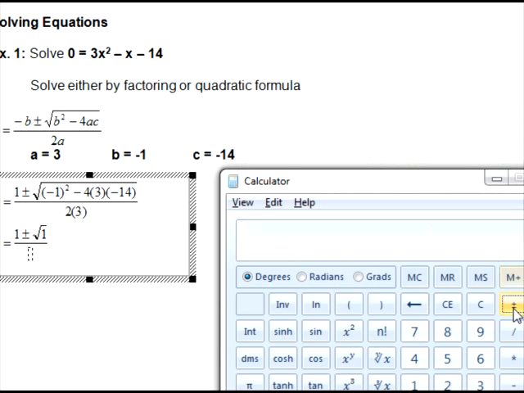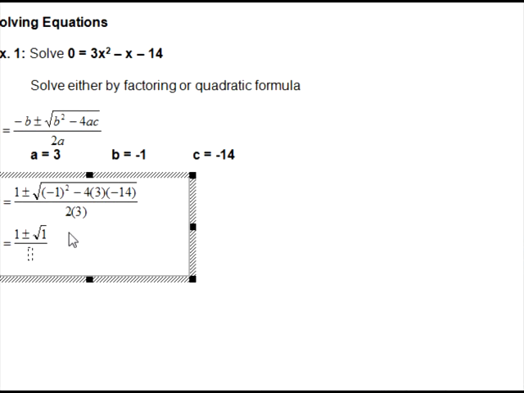Negative 4 times 3 times negative 14 is 168. Now remember, for Nicole and everyone else, that changes to a positive, because you have negative 4 times 3, which is a negative 12, and then negative 12 times negative 14 is positive.